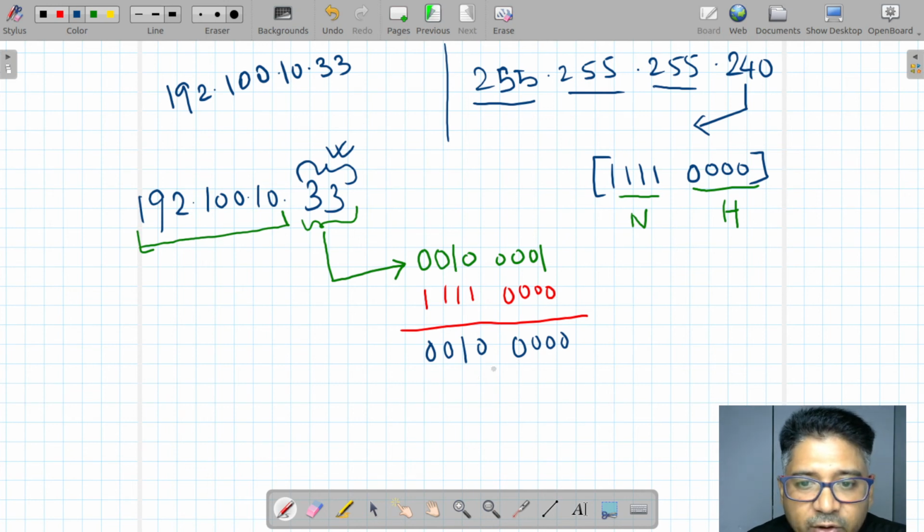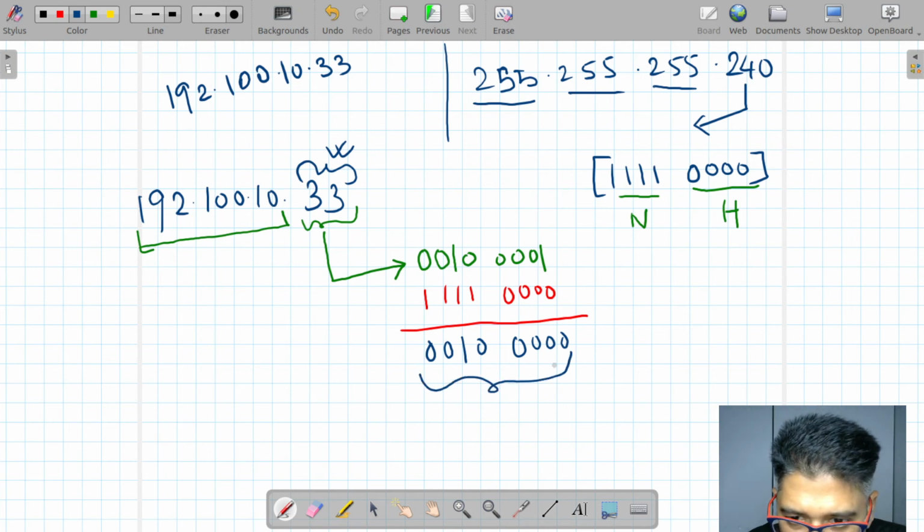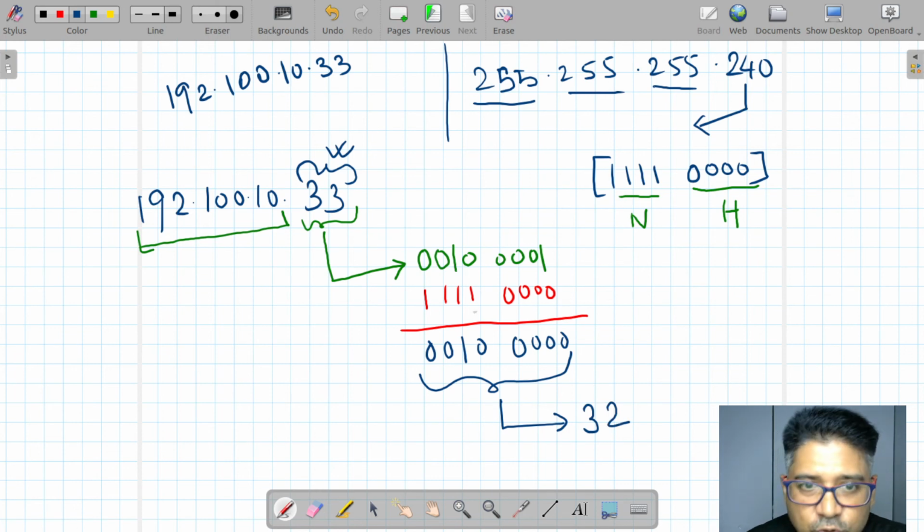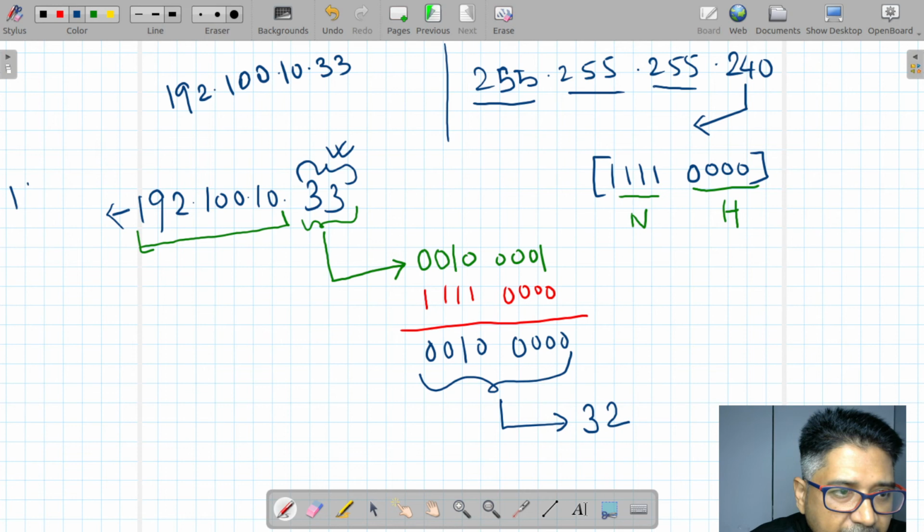So your network belongs to this. What is this value? It is 32. So my network IP will be 192.100.10.32.